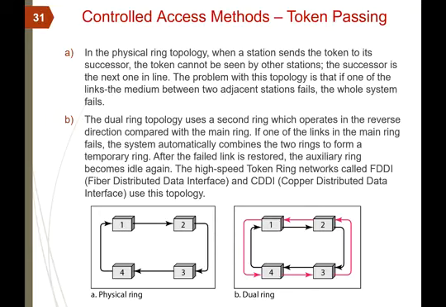Control access methods: in the physical ring topology, when a station sends the token to its successor, the token cannot be seen by other stations. The successor is the next one in line. For example, here is the direction.